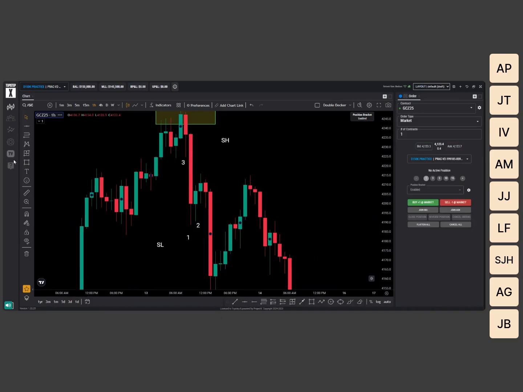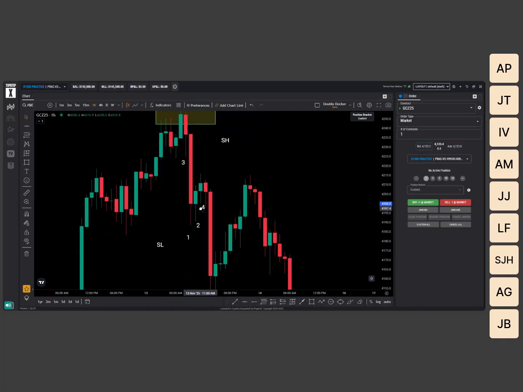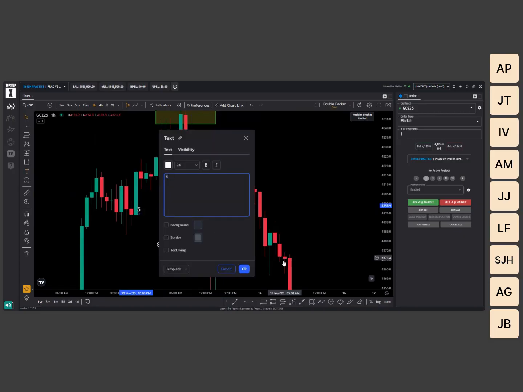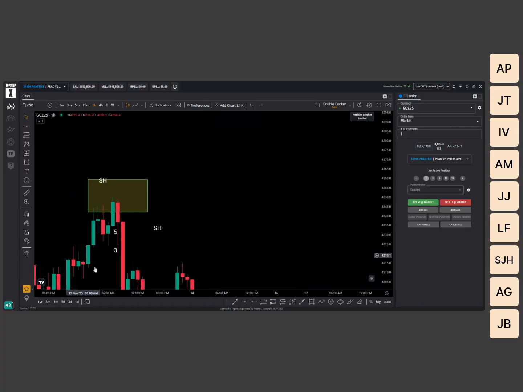Anytime you're understanding swing highs and swing lows, you're going by the wicks. 4, 5. It's basically the easiest way to depict it is like a pyramid. So you have this movement.